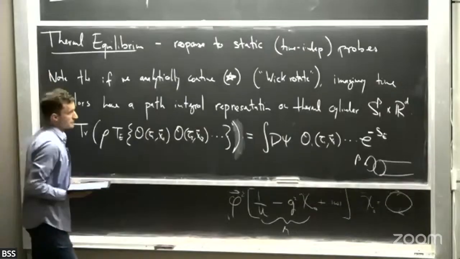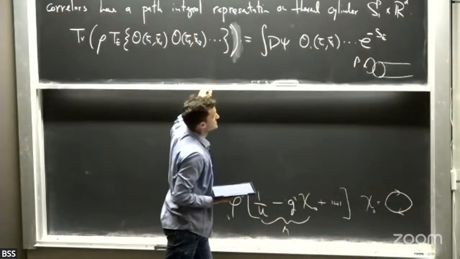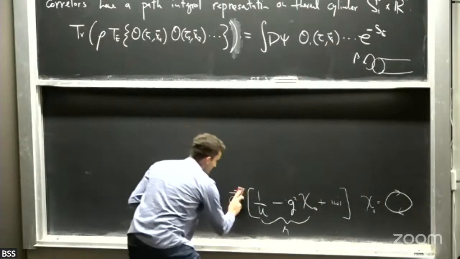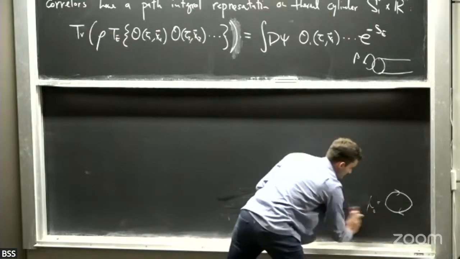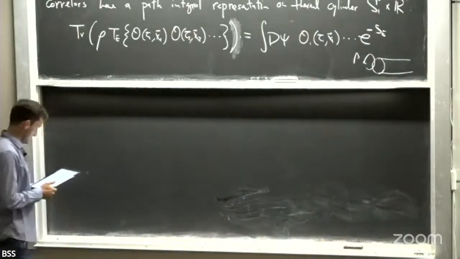So this is a kind of mapping between thermodynamics in quantum systems in d dimensions and stat mech in d+1 dimensions on a cylinder. This mapping is very useful. For example, Monte Carlo numerical studies use this a lot.